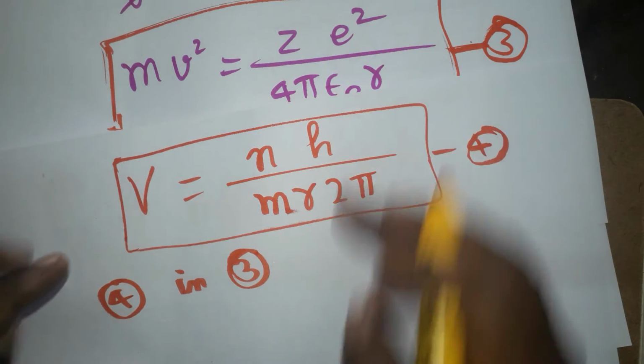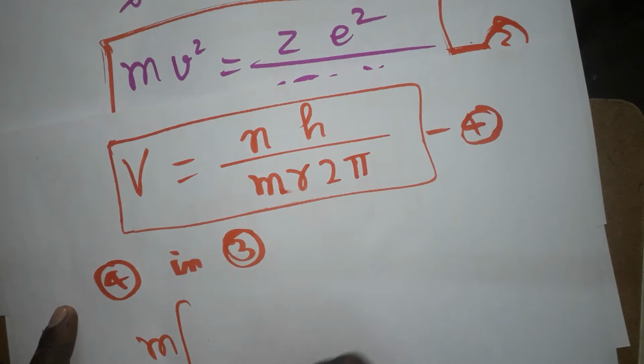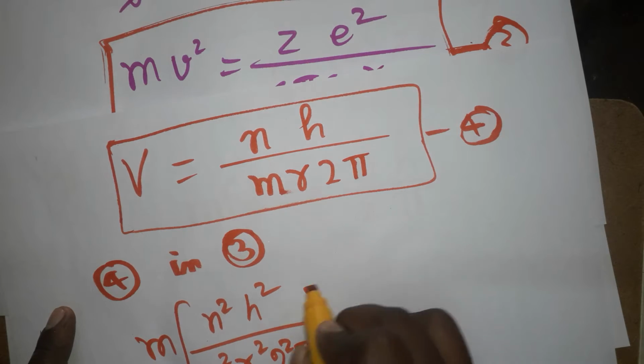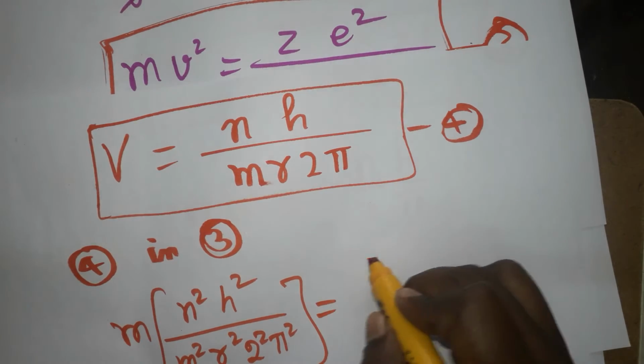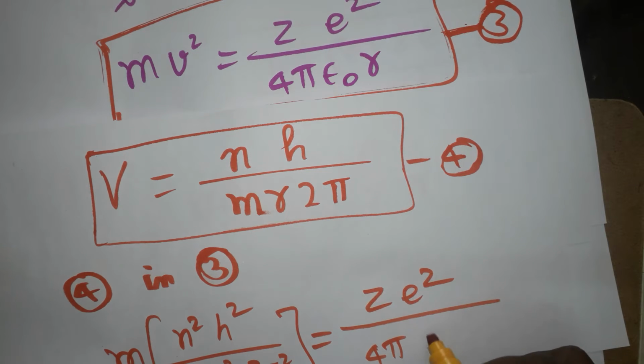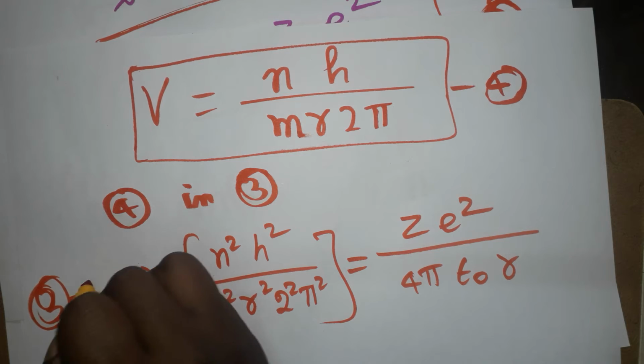Already I said why we are doing this. So v square is n square h square by m square r square 2 square pi square, is equal to Ze square divided by 4 pi epsilon naught r. It is equation number 3. I just substituted 4 in 3.